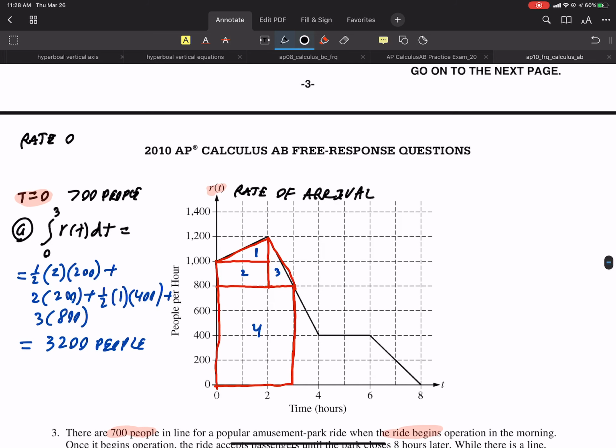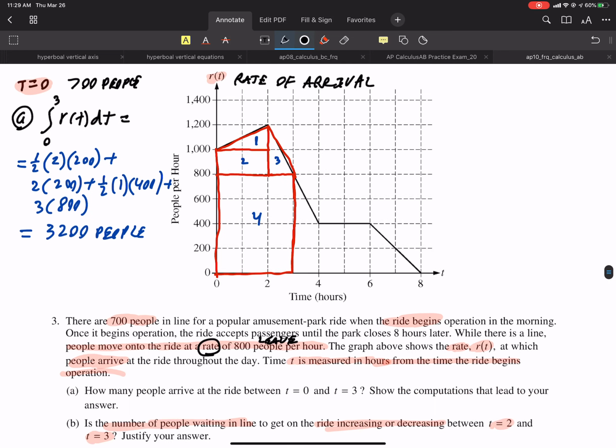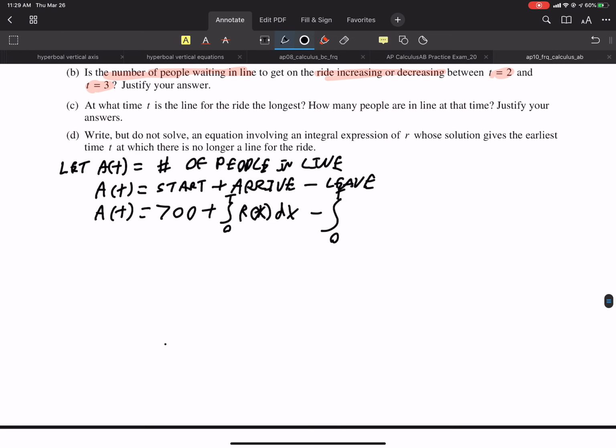Now we could have written that at the beginning. The rate of leaving or exiting is 800. It's a constant. You can give it a different function name. You can call it E of x for exiting, but it's 800 people per hour.